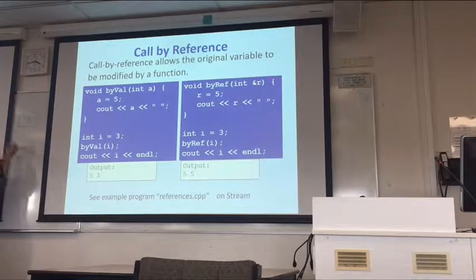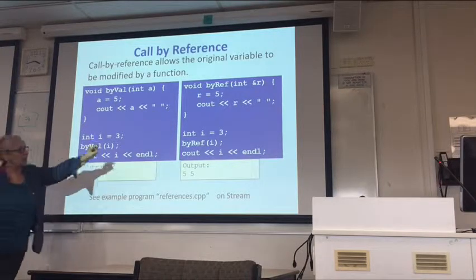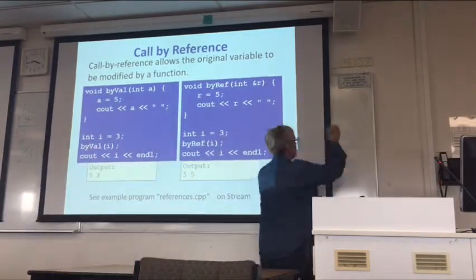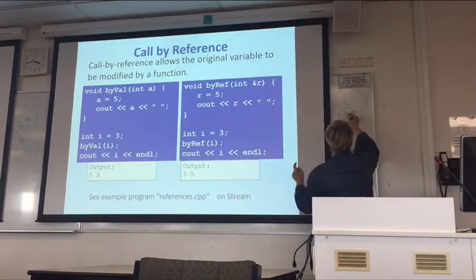When the function is called, a copy of this was created, set up to 3, changed to 5. When the function finishes, this was dead, and when we go back to main, we are back here. But when we are there, the memory is I is set to 3.